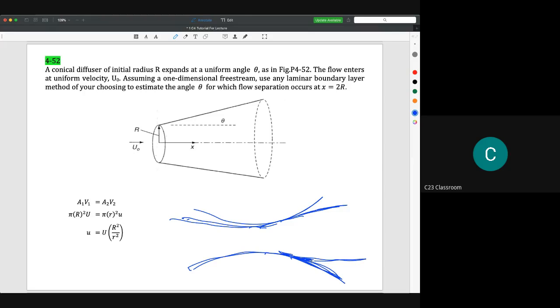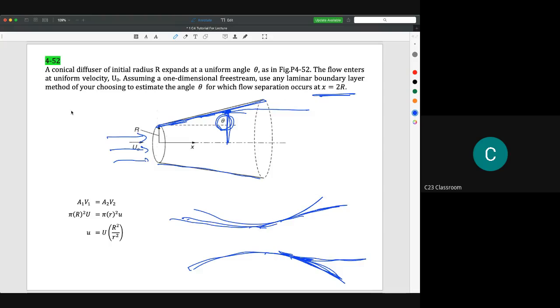In this situation, we assume that we have a conical shape like this one, and the flow enters from here, and at a certain area the separation will occur. In this question, they ask us to calculate the angle where the separation occurs at x equal to 2r here.